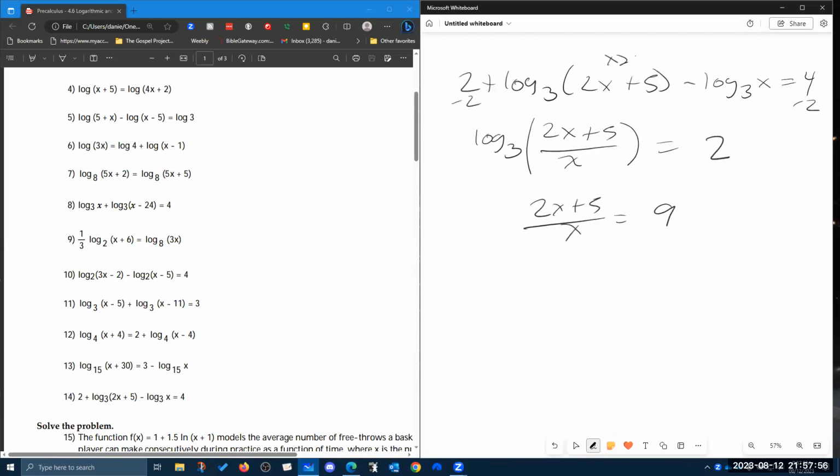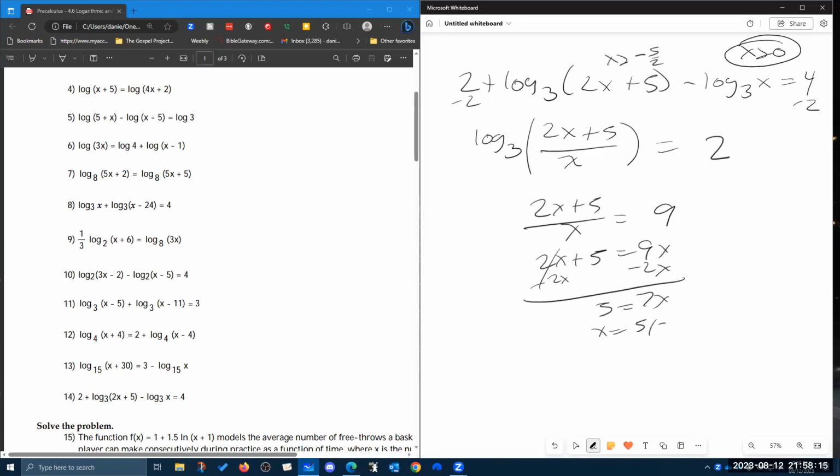X greater than negative 5 halves, x greater than 0, x greater than 0 wins. 2x plus 5 equals 9x. Subtract 2x from both sides. 7x equals 5. X equals 5 sevenths. And 5 sevenths is greater than 0. So we're in good shape.